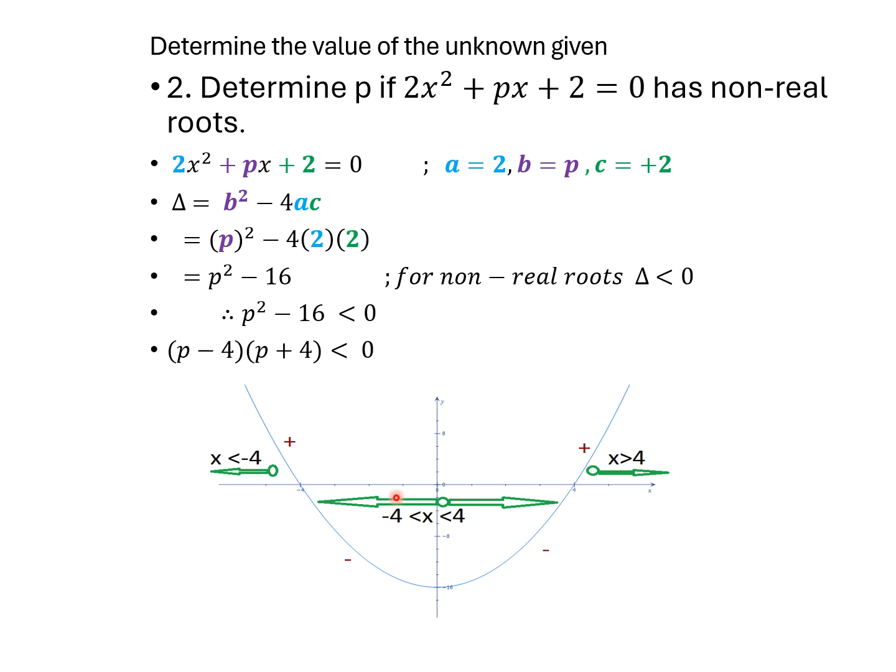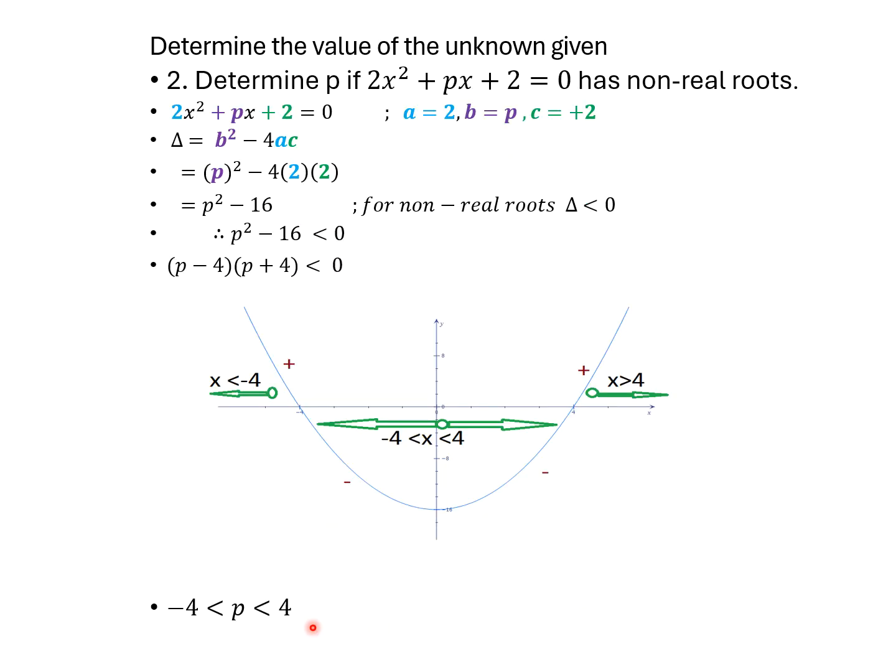We want less than 0, so this is my answer. So p must be less than 4 and greater than negative 4, based on the equation p squared minus 16. For interest's sake, the turning point would be at 0 and negative 16.